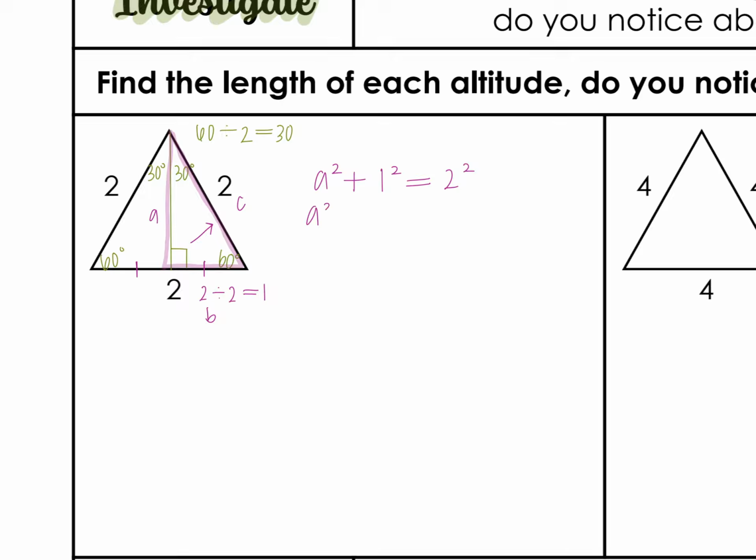So we'll get A squared plus 1 is equal to 4. And then I'm going to subtract that 1 over to get that my A squared is equal to 3. And then we will take the square root. And here we don't need to simplify because it's already simplified since it is a prime number. And we get that my A is the square root of 3.